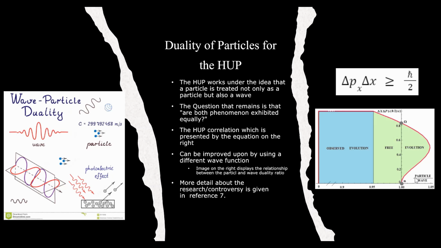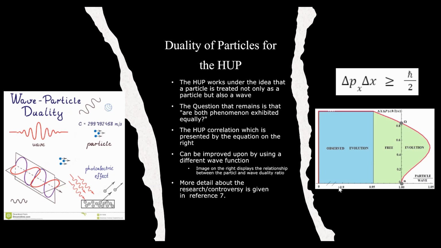So what the research was essentially summing up is that the momentum, position, and Planck's constant relationship in the Heisenberg uncertainty principle can be improved upon. The 1/2 that you see currently in the equation was in the observed evolution, whereas in the free evolution, the coefficient would be somewhere near 0.418, which helps make the Heisenberg uncertainty relationship more accurate.